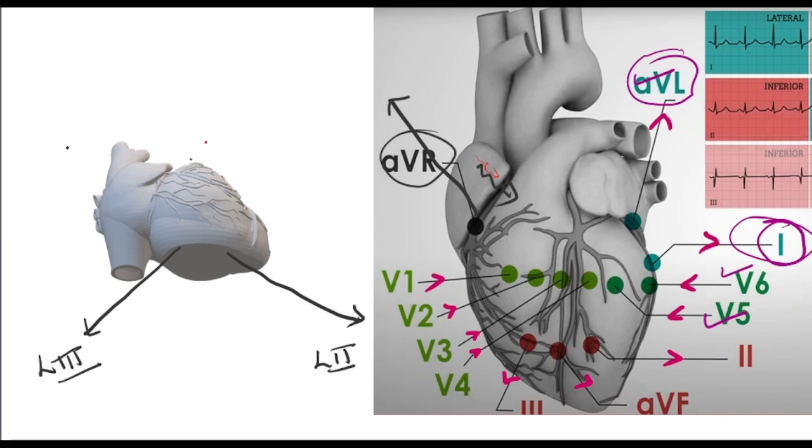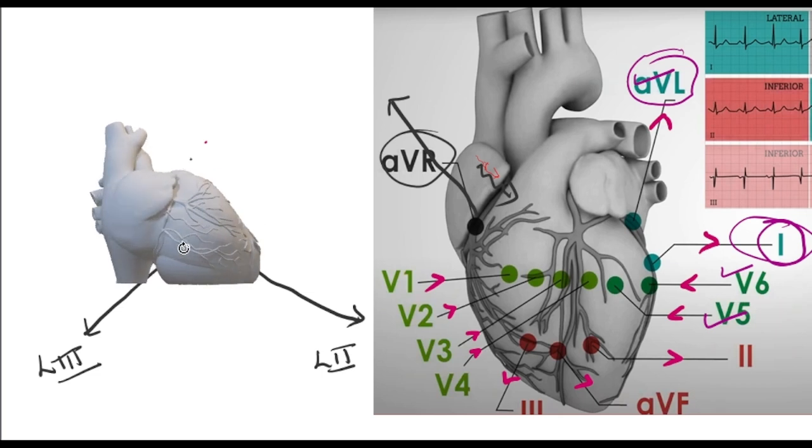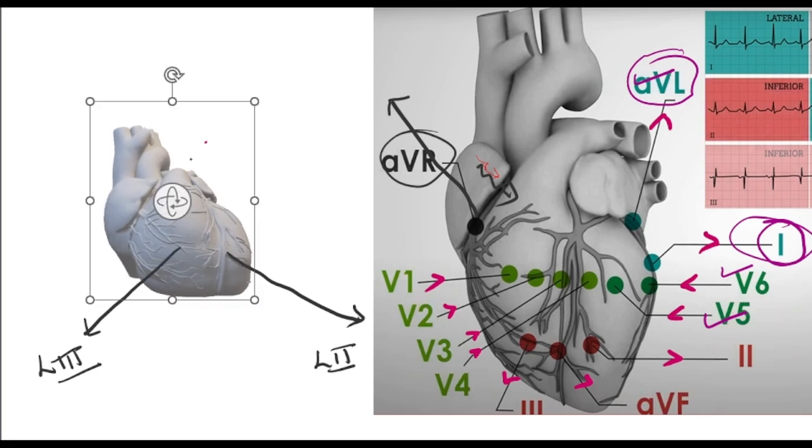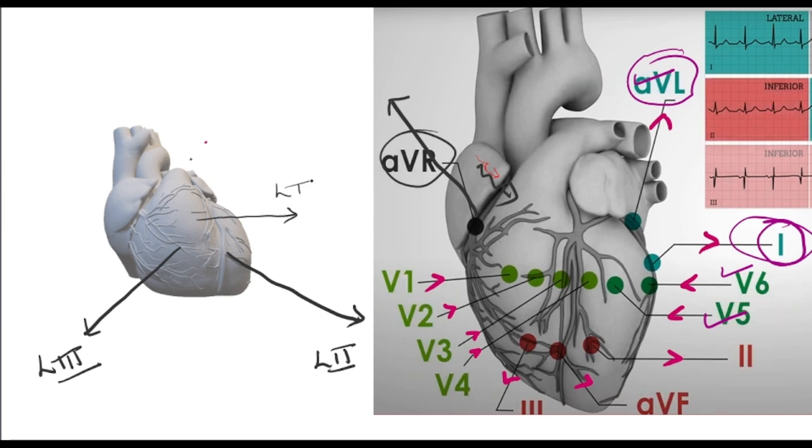Now where is lead 1? I told you it's facing the lateral side. So again I will just rotate it. So this was the heart front, this is the side. Now lead 1 is coming from here. So this is which side? This is the lateral side.